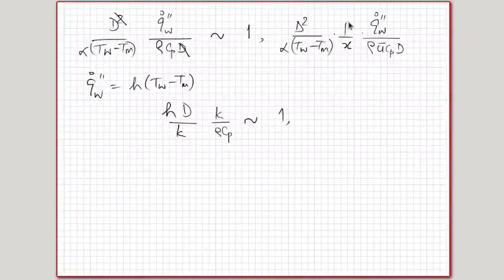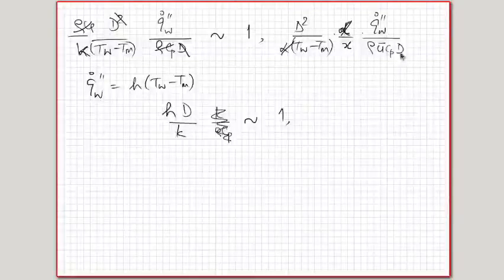So this alpha gets cancelled here, and this alpha can be opened up as K by rho Cp. So this rho Cp actually gets cancelled here. There's only this term there. Okay, so HD by K is here, and this is 1, and again 1d would get cancelled.